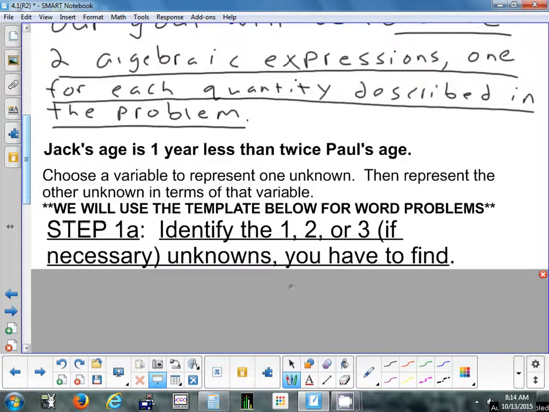So the first thing you want to do is identify how many unknowns you have to find. If you read this problem, Jack's age is 1 year less than twice Paul's age. How many things are in that sentence that we could find? 2 things, 3 things? What do you think? About Ryan?